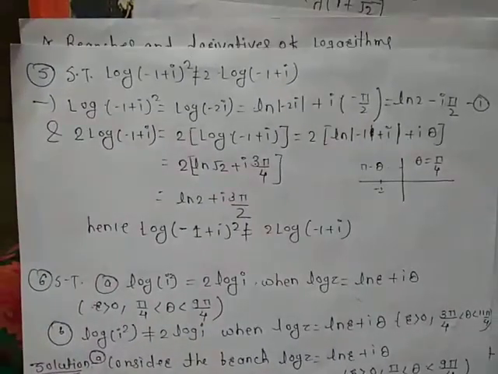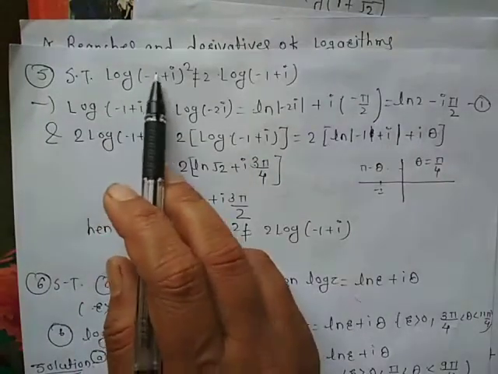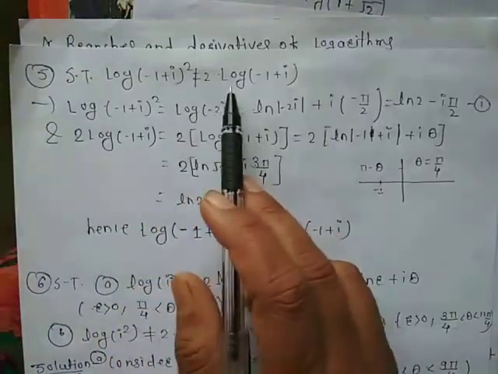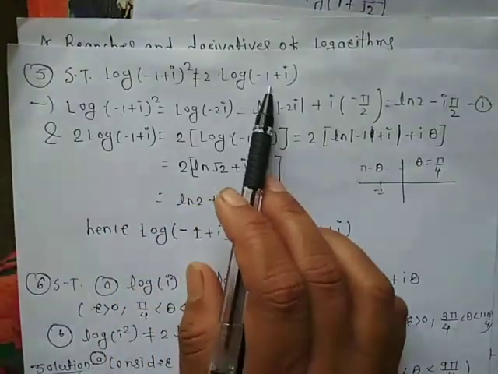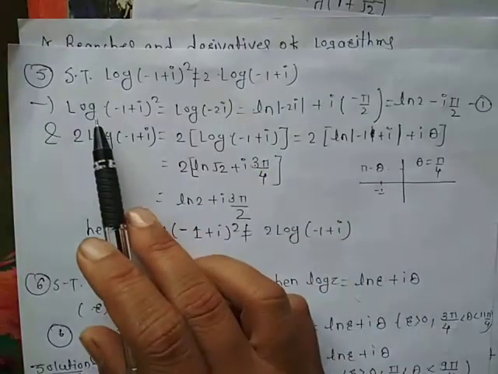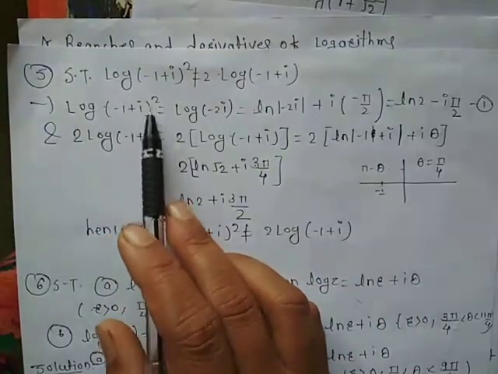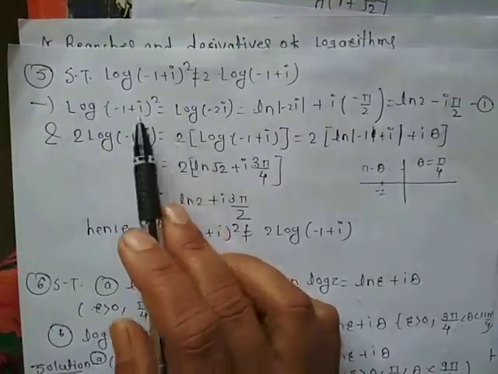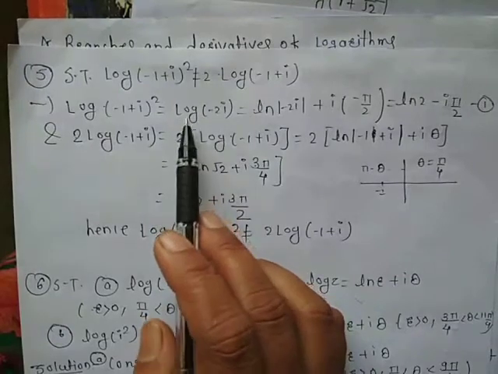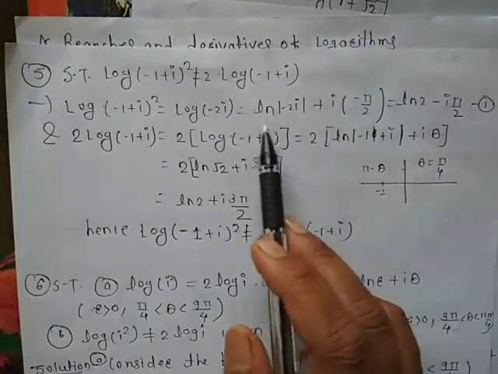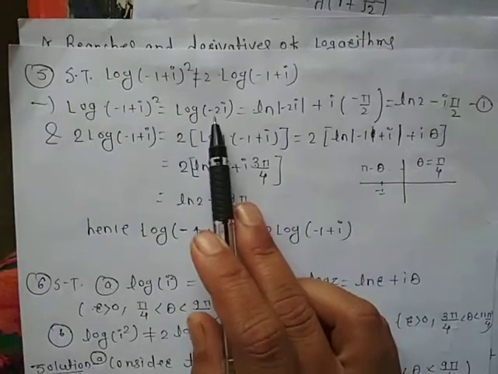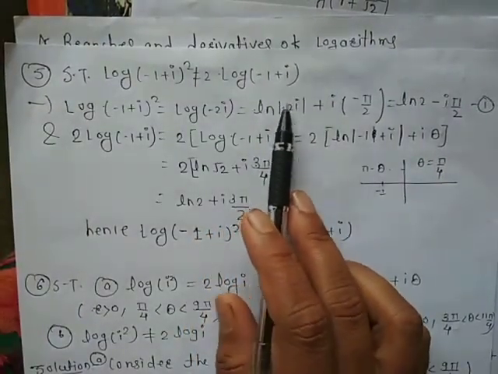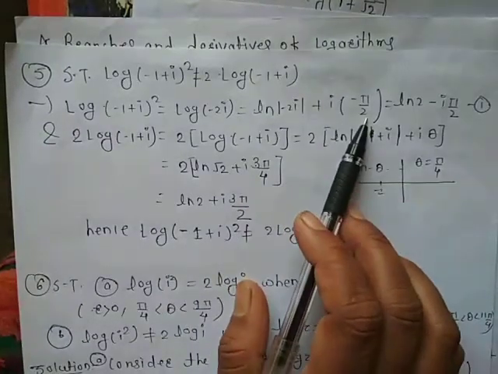Let us see the next example. Show that log of (minus 1 plus i) square is not equal to 2 into log of minus 1 plus i. Log of (minus 1 plus i) square, if you expand this, you will get minus 2i. So this is log of minus 2i, which is equal to ln z plus i into argument of z.